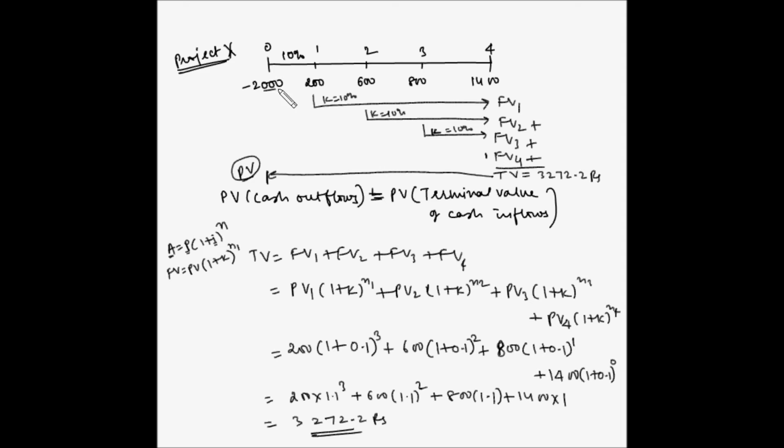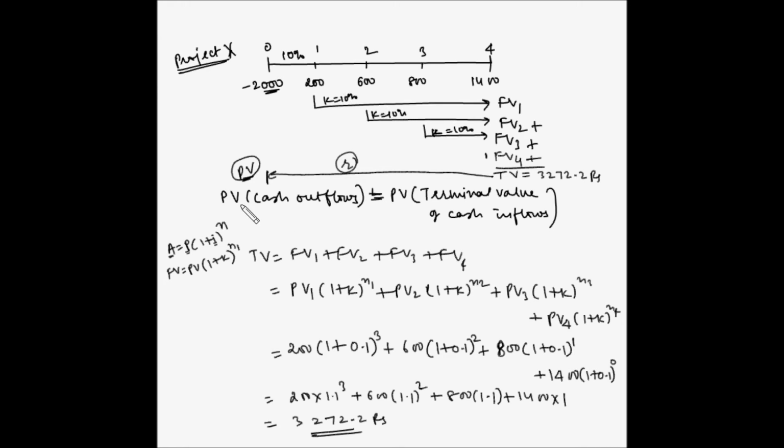And then equate the present value of the cash outflow and the present value of the terminal value of cash inflows. And the rate at which these two will become equal will be the modified internal rate of return.